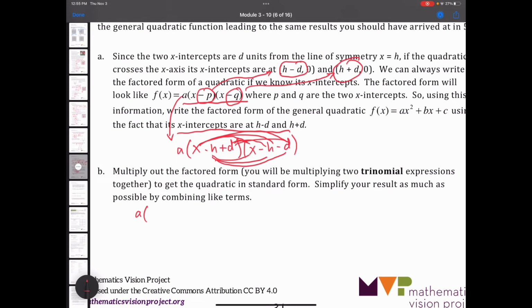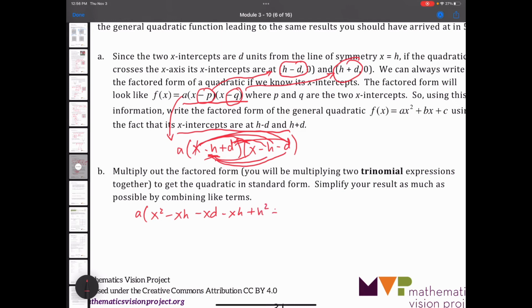So x times x is x squared. X times negative h is negative xh. X times negative d is negative xd. Then, done with this first one. So now I can go to that negative h of the first term. So negative h times x is negative hx. Negative h times negative h is positive h squared.